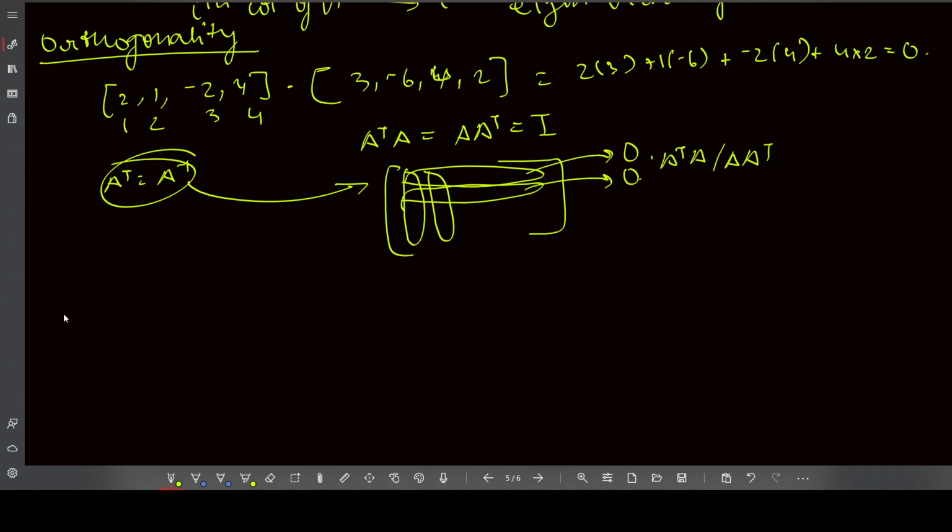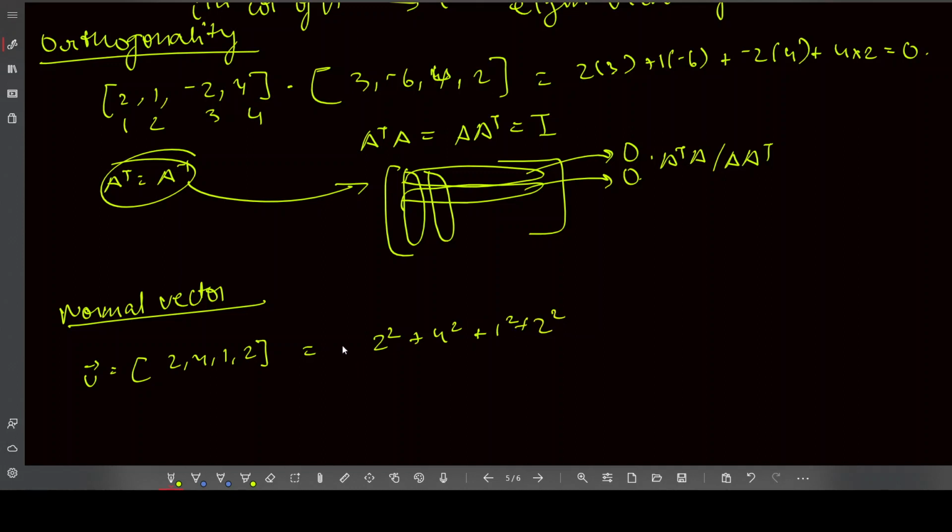Now let's understand what a normal vector is. A normal vector is basically a vector of unit length 1. Okay, so if I have a vector, let's say v equal to 2, 4, 1, 2, the magnitude of this is the square root of 2 square plus 4 square plus 1 square plus 2 square. This is the magnitude of this vector, right? So the magnitude is 5. The normalized vector will be 2 by 5, 4 by 5, 1 by 5, and 2 by 5.